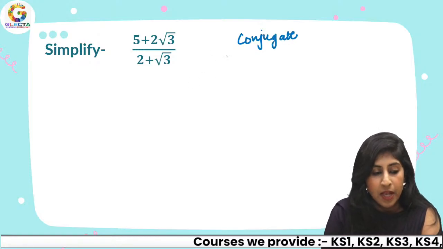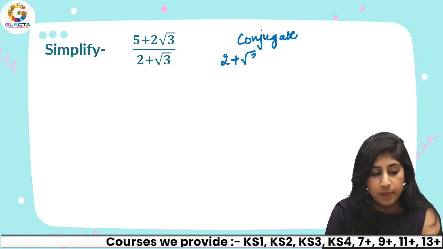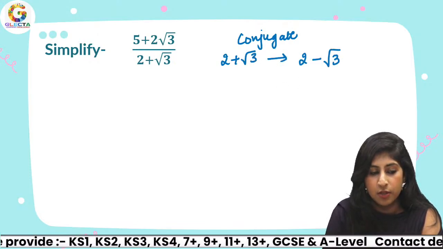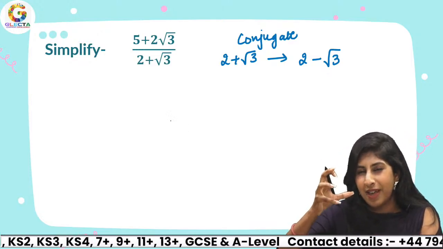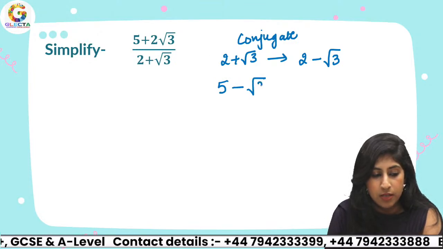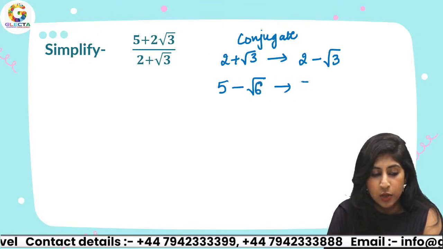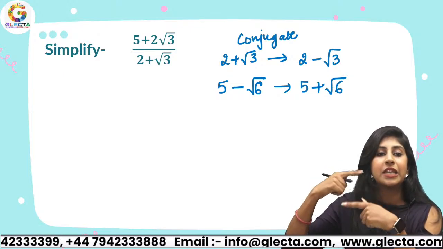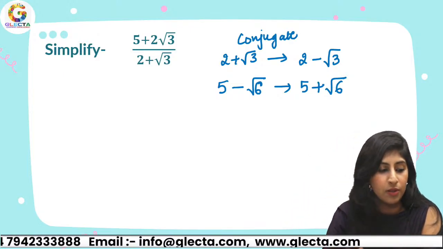Conjugate means, like if I have 2 plus surd 3, the conjugate of this would be 2 minus surd 3. Just flip the sign in the middle. If it is 5 minus surd 6, the conjugate would be 5 plus surd 6. Basically taking the opposite sign that is there in the middle.